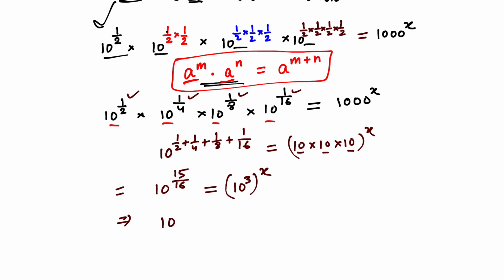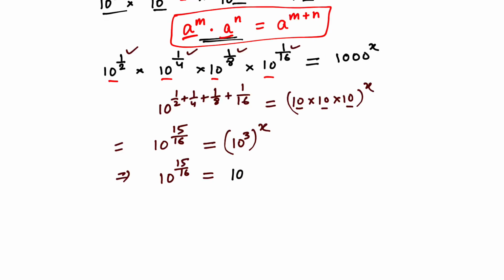And we can write this as 10 raised to the power 15 by 16 is equal to 10 raised to the power, from the formula, now here we can use the formula a raised to the power m, and the whole expression, if it is raised to the power n, it becomes a raised to the power m multiplied by n. And for this term here, 3 and x is given, so we will use the same formula.